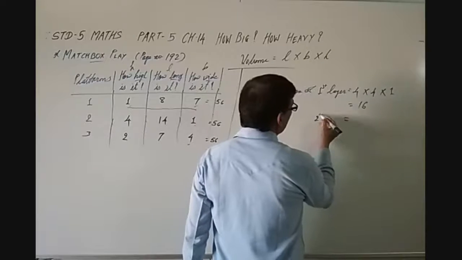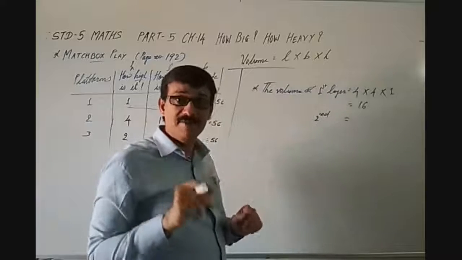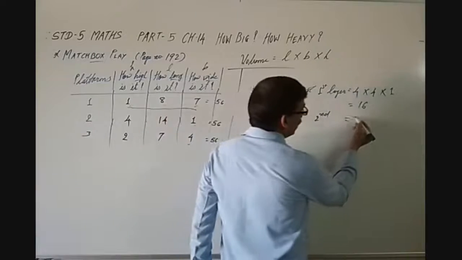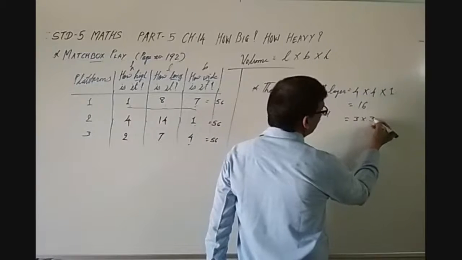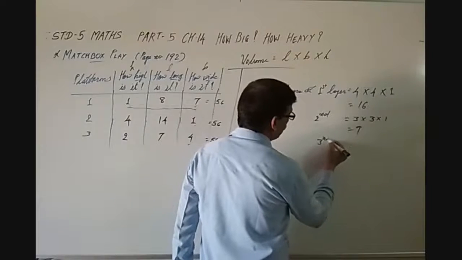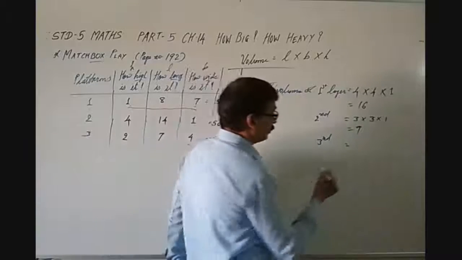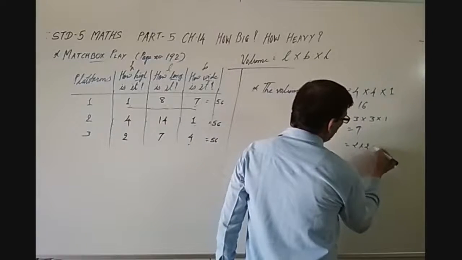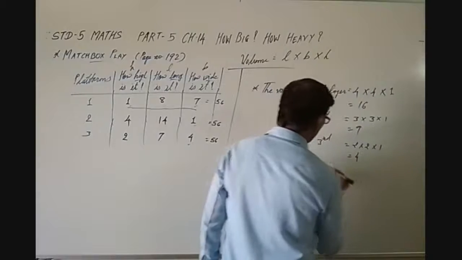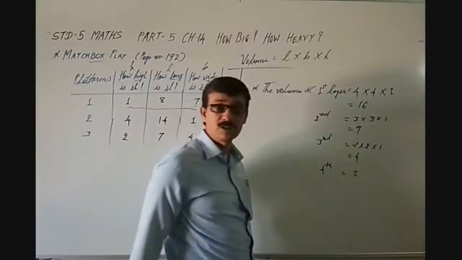In the second layer, the 3 by 3 by 1, you can see. Length 3, width 3, 1 is equal to 9. Third layer is equal to 2 by 2 by 1. 2 by 2 by 1 is equal to 4. And the fourth layer is equal to only 1 matchbox.